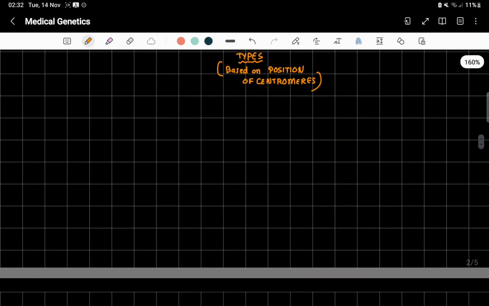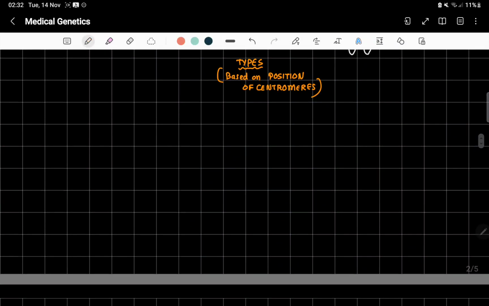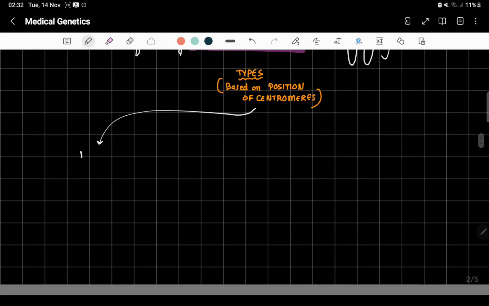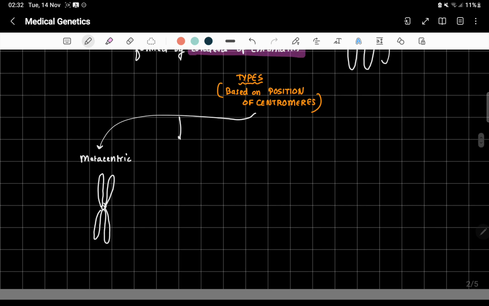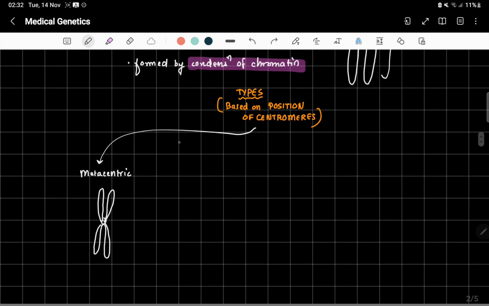It can be a metacentric chromosome. In metacentric, both arms are of equal length. This classification is also called Denver's classification.